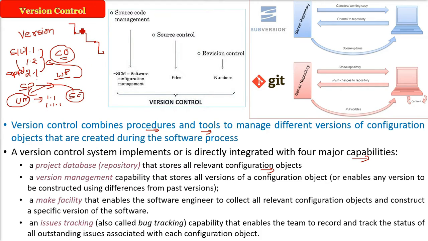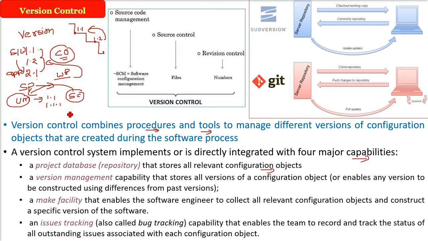For example, if some previous version is there and you are trying to ingest or commit a new version, the version management should be able to differentiate between them. Then we have the make facility. Now you want to create a specific, new version.